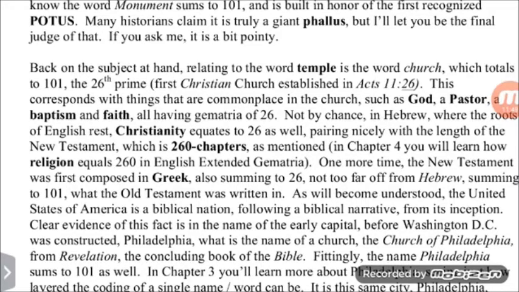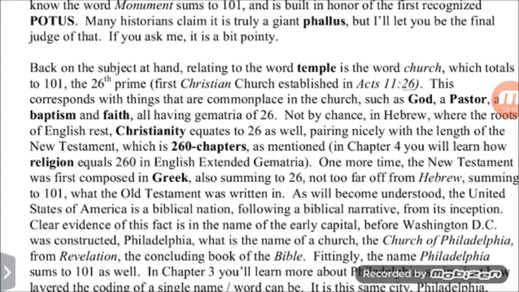You will learn how religion equates to 260 in the English extended gematria. One more time, the New Testament was first composed in Greek, also summing to 26, not too far off from Hebrew, summing to 101, what the Old Testament was written in.